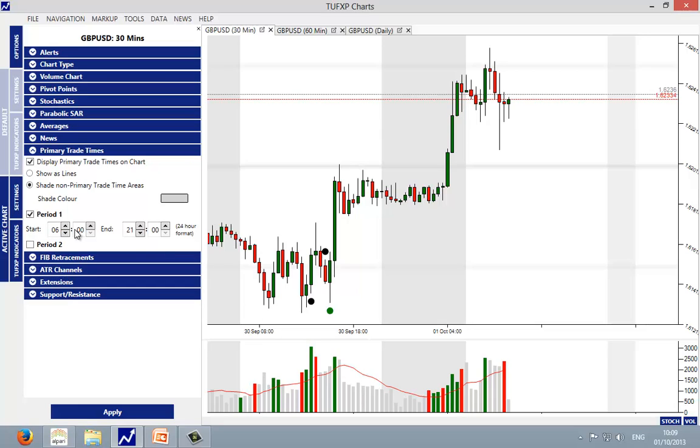So even though I'm trading the longer term time frames, I'm not actually sat here watching. I can have this set from 6 AM to 2100, be away from the computer and be alerted of a potential trade via the text messaging service. So it's not really an issue for me. The trading hours that I prefer are 6 AM to 9 PM.